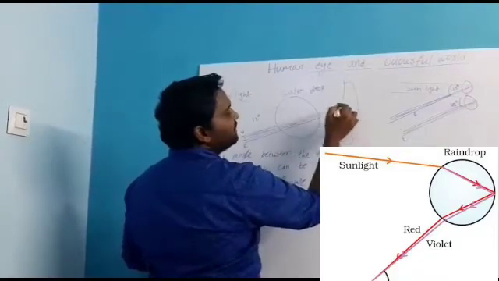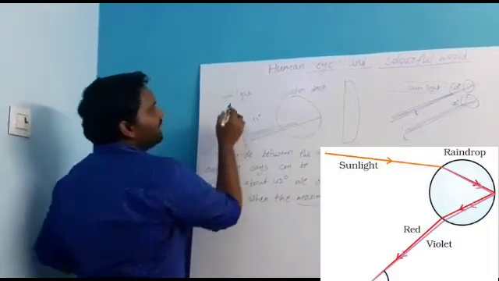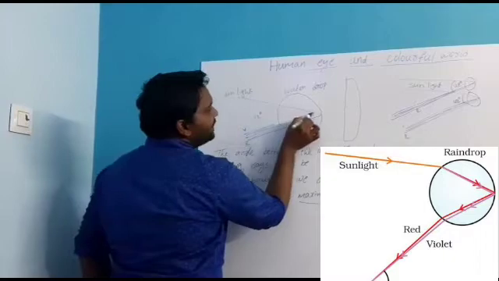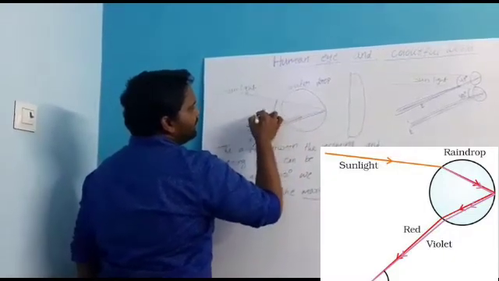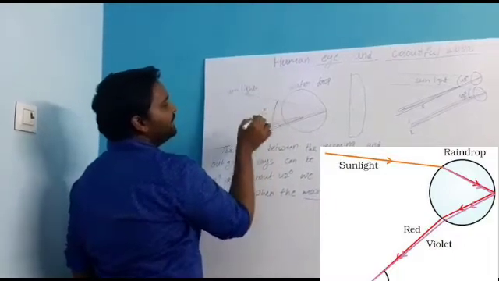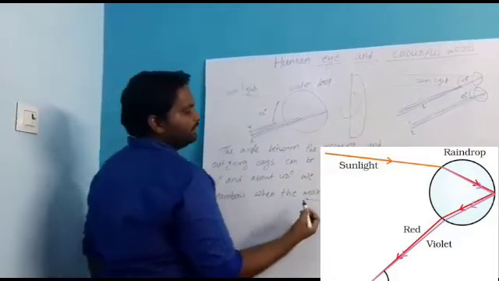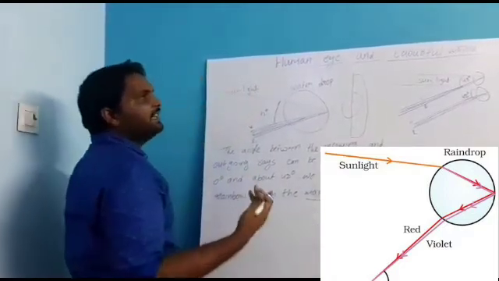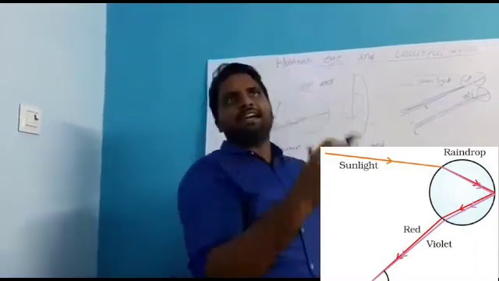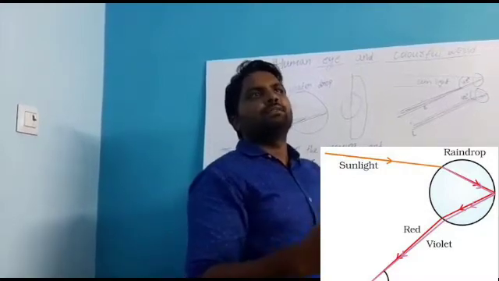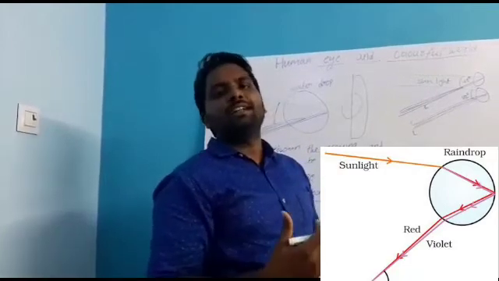We can observe a very clear, very bright rainbow on the wall when the light rays fall on the water drop and are reflected to the eye at an angle of 42 degrees. They will ask you at what maximum angle we can see the rainbow clearly. If you see the rainbow clearly in the sky, the angle is 42 degrees.